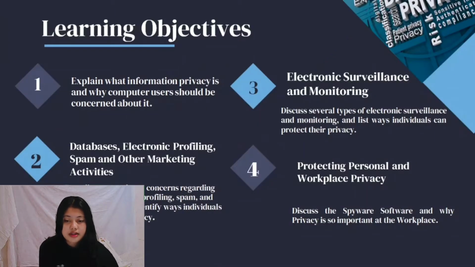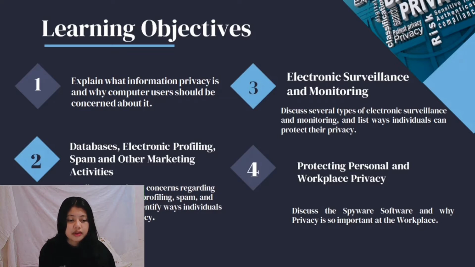The learning objectives. Here, why be concerned about information privacy? We will go over what information privacy is and why it's important for computer users to be concerned about it. Next is databases, electronic profiling, spam, and other marketing activities.